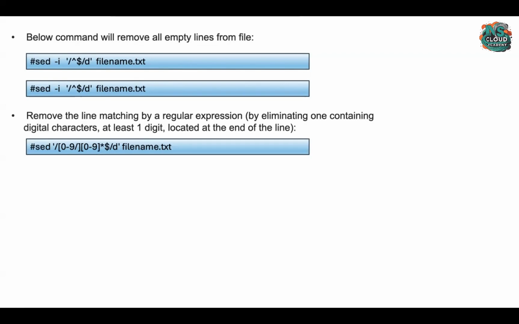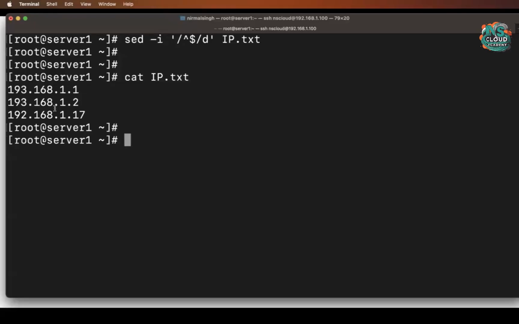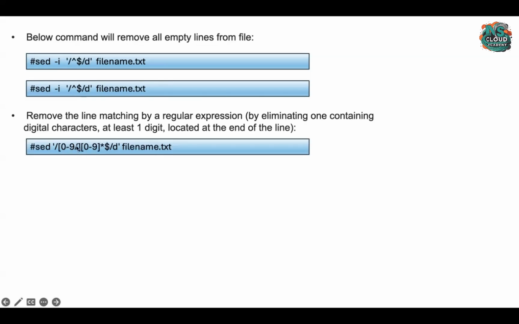Understand? And what it will do is delete that particular line, right? Just like here, if we define this 193, so 193 is a matching pattern, so it will delete 193, right? And you can define a number here, 1 2 3 whatever.